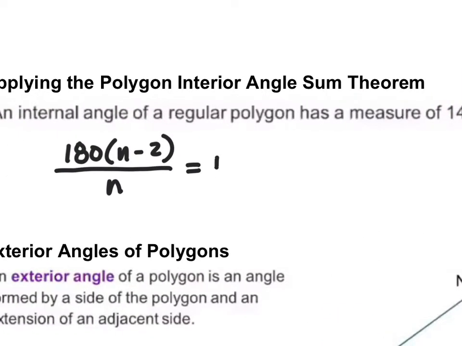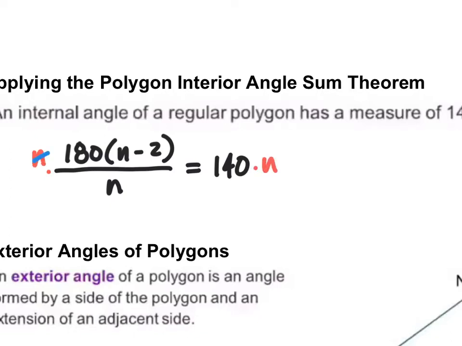At this point, we can solve this for n. Now this is a little bit tricky, but what I know is I have these two n's. We have to get this first n out of our denominator, and the way that I do that is I multiply both sides by n.